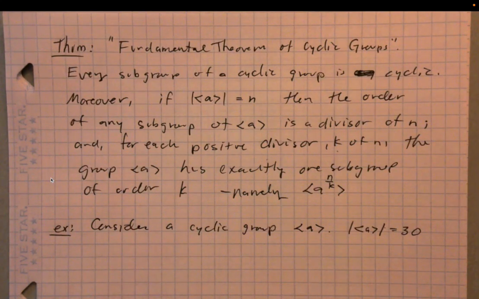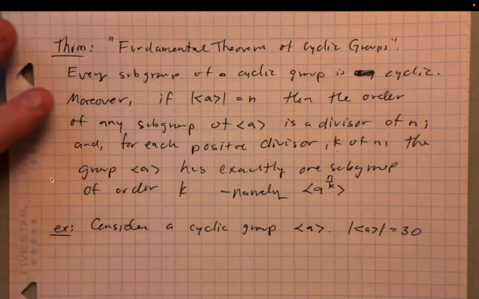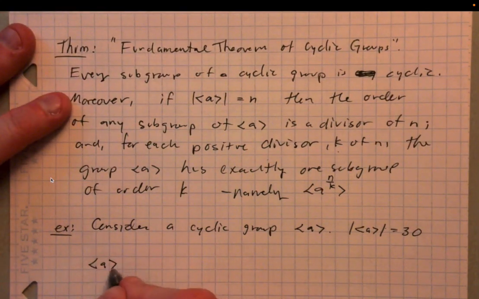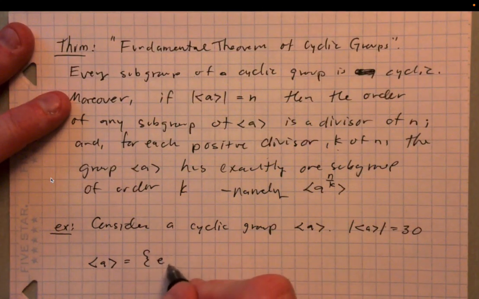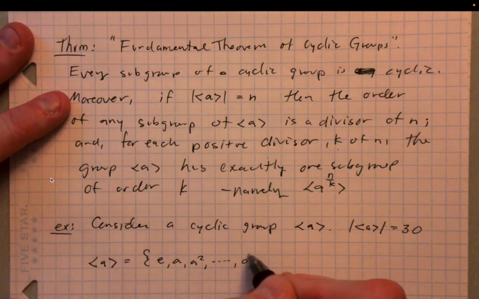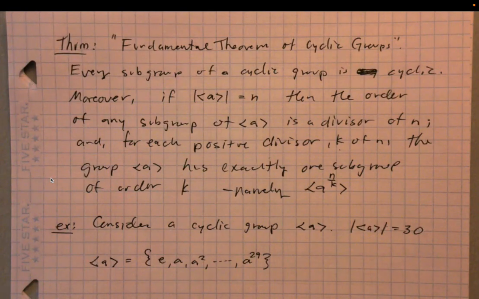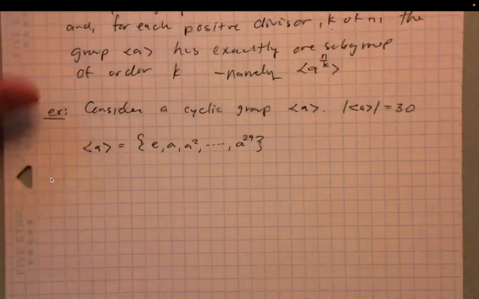Then we could write out the complete list of subgroups of A. Right? So the first one, of course, is A itself. We know what that looks like. It's A, A squared, dot, dot, dot, A to the 29th power. Right? We know that that's A itself, which is technically a subgroup.